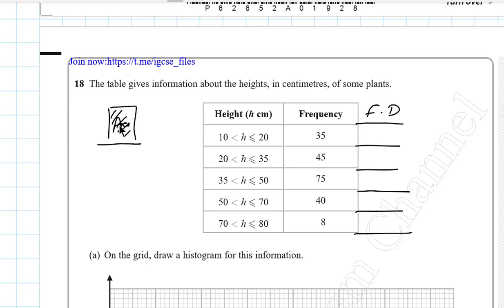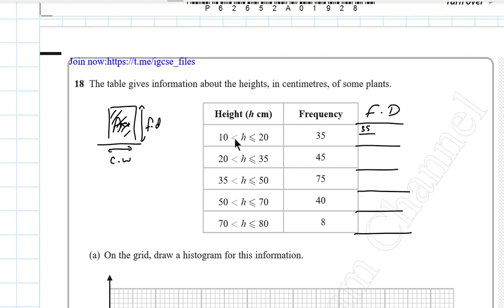This is the area, which corresponds to the frequency, and it is equal to the class width times the frequency density, okay? So to get the frequency density, we just divide the frequency by the class width.